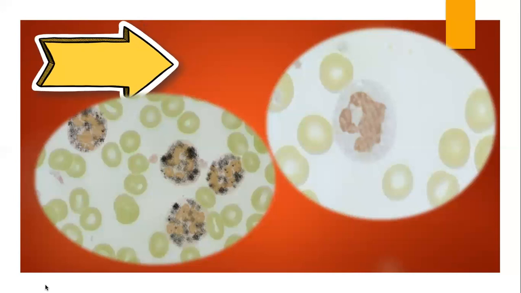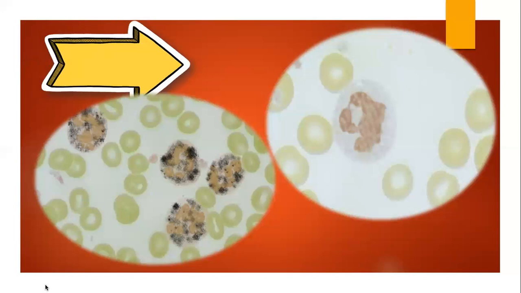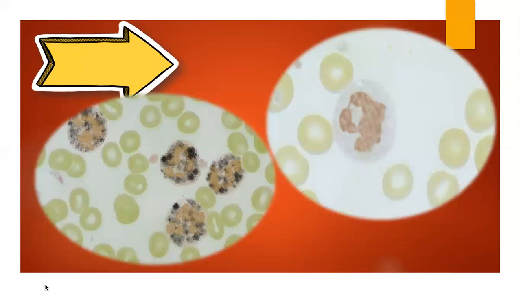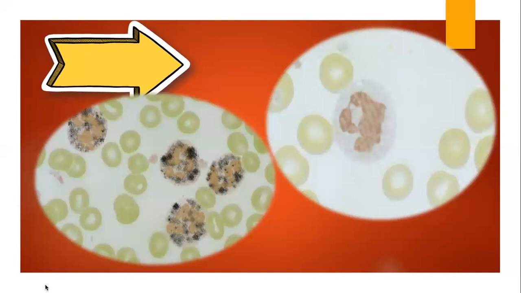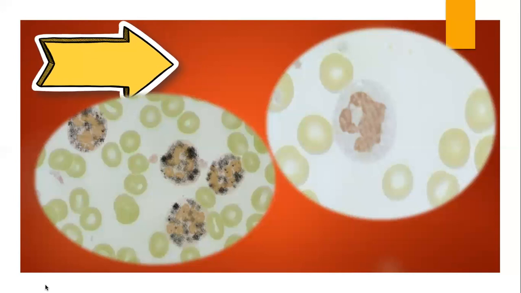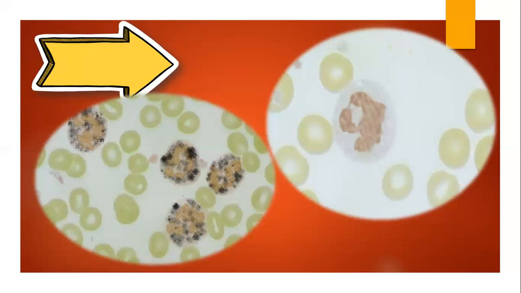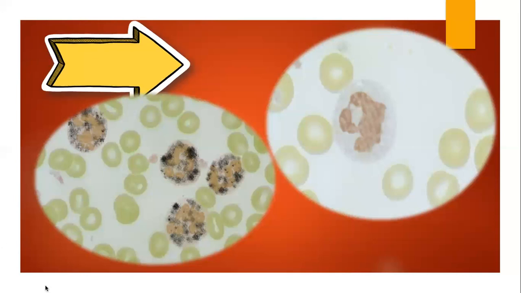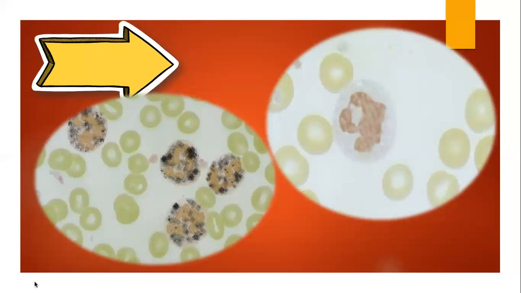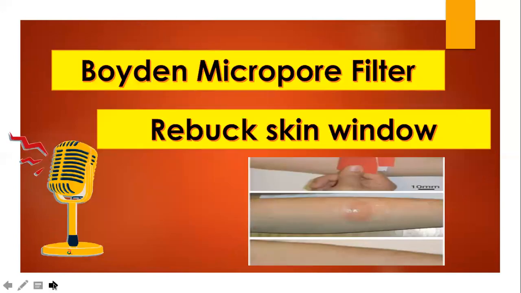But if the white blood cell doesn't turn blue and remains yellow, this means that they cannot kill microorganisms.